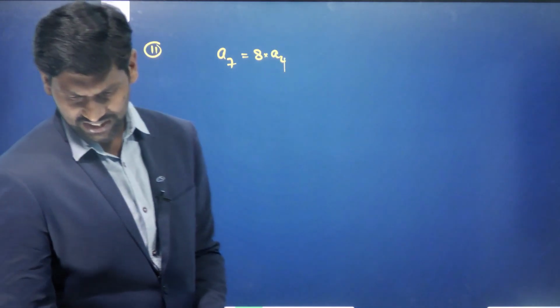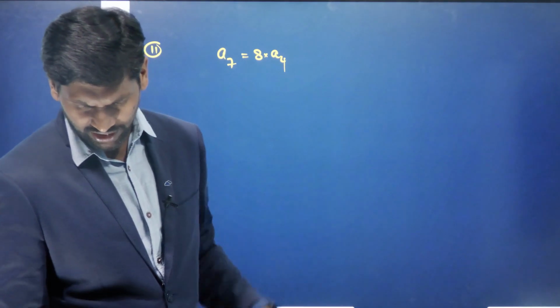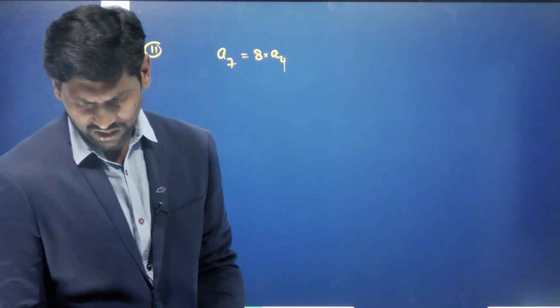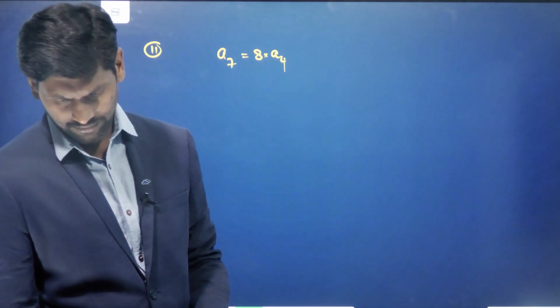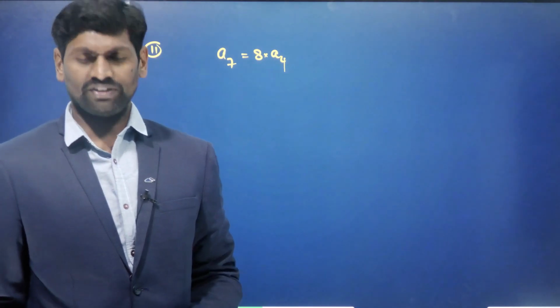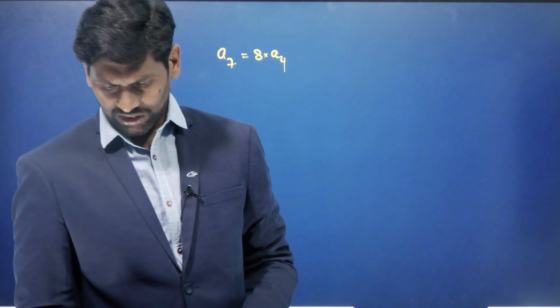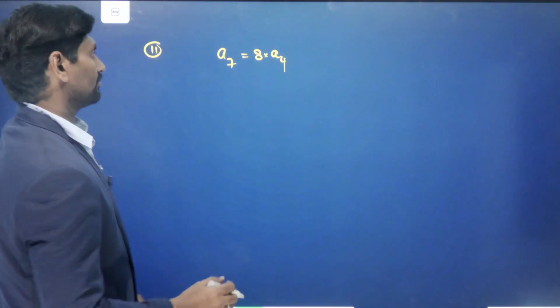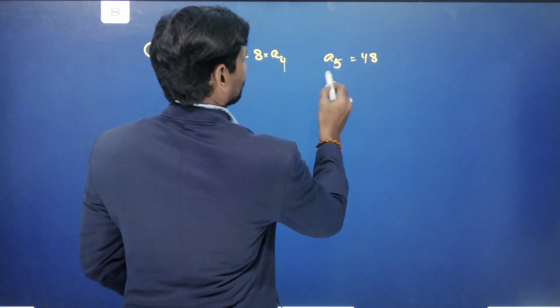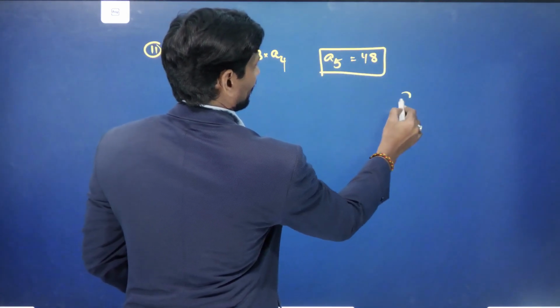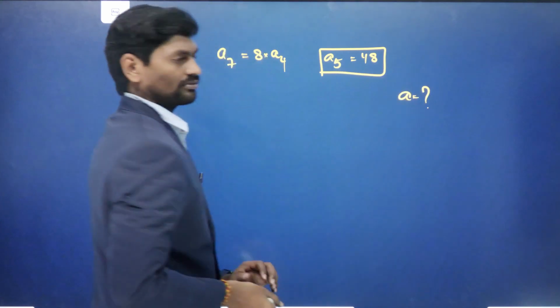I have taken the seventh term as A7 and the fourth term as A4, and the fifth term is 48. We need to find the first term. The fifth term A5 value is 48, and we need to find the A value.